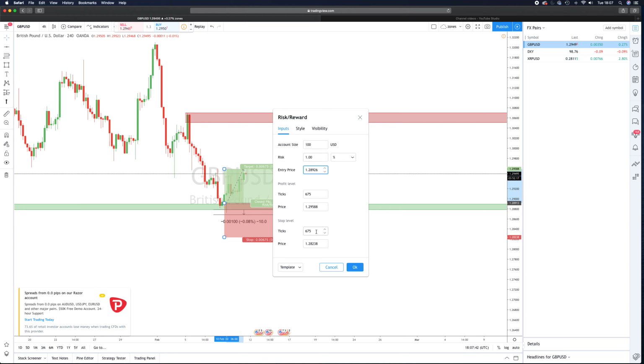Now my stop is at 1.28680, and I'm looking for a take profit of 1.3400. So what we've got there, call it just shy of 25 pips stop loss and 147 pips.